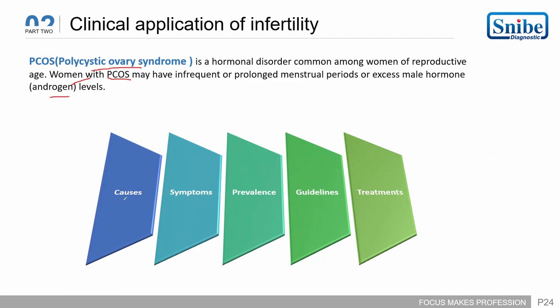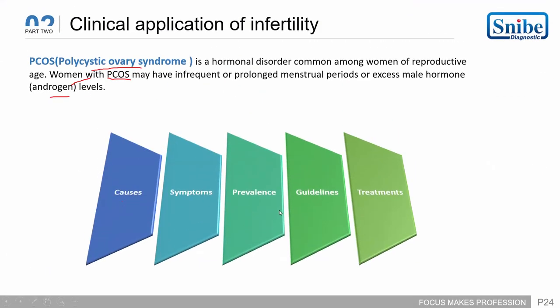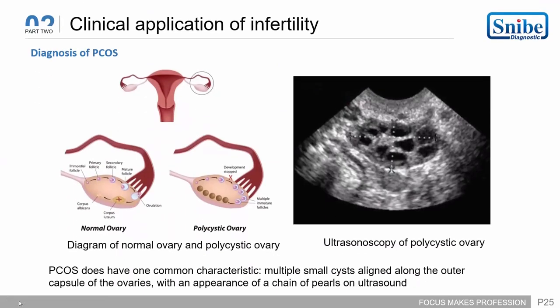You can see here the cause, the symptoms, the prevalence, the guidelines and the treatment. This is a very typical example of polycystic ovarian syndrome in infertility. Let's move on for more information.